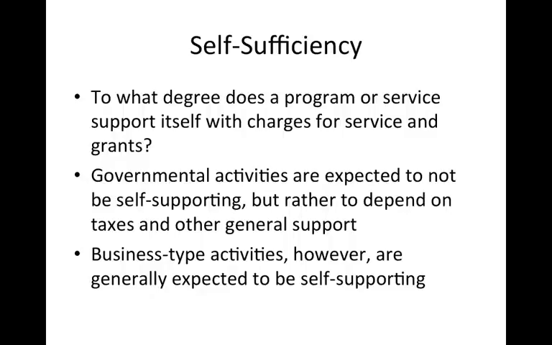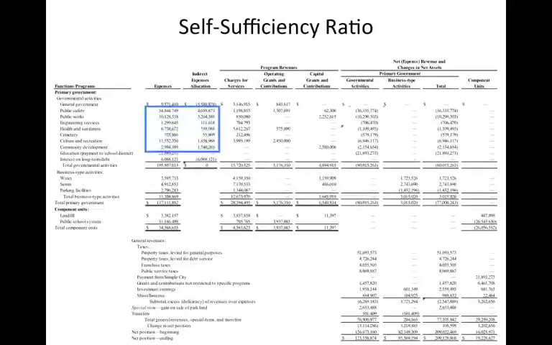They're public goods. Business type activities, on the other hand, generally are expected to be self-supporting. They essentially work off a model where they set their fees for service or for goods at a level that's going to cover their costs.